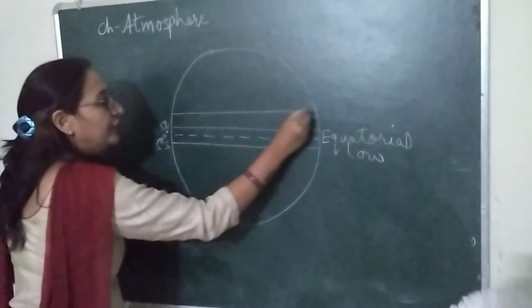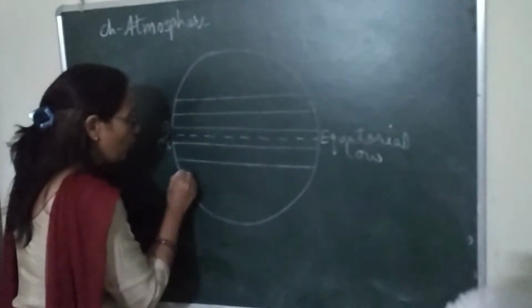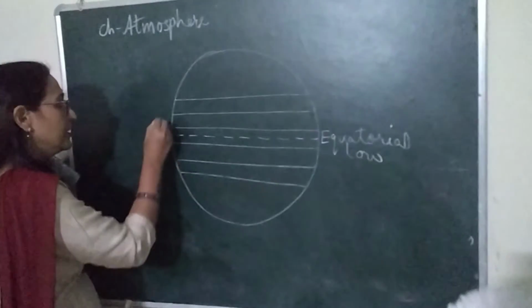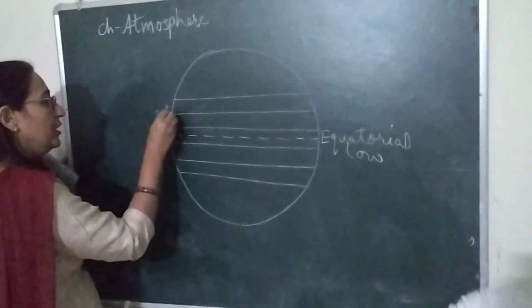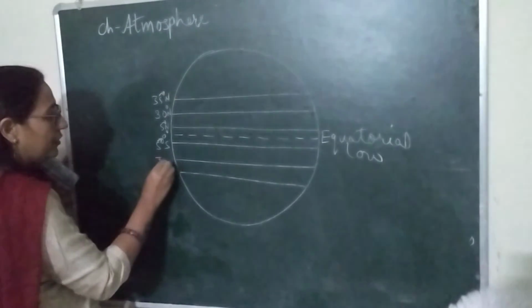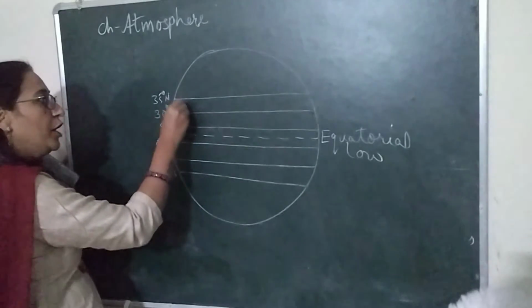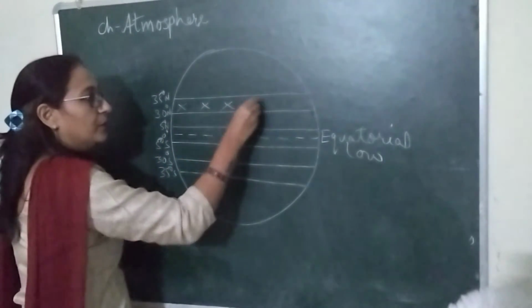Next we have the pressure belt in both the hemispheres, that is 30° north to 35° north, 30° south to 35° south in both the hemispheres.